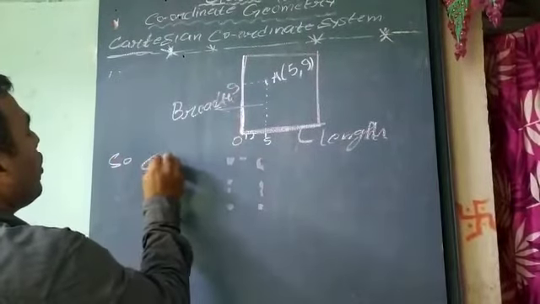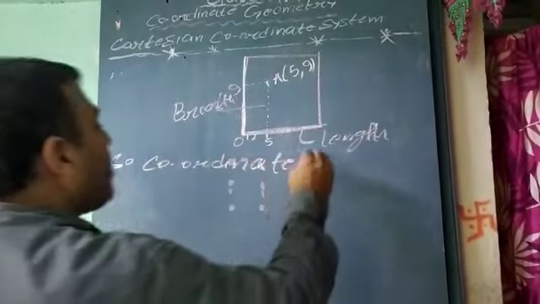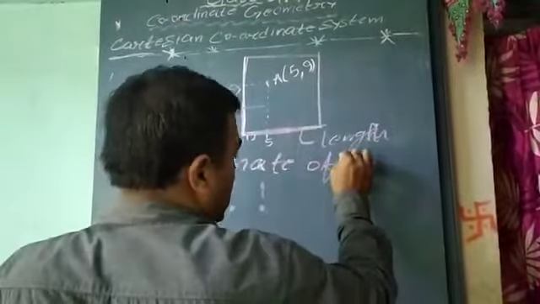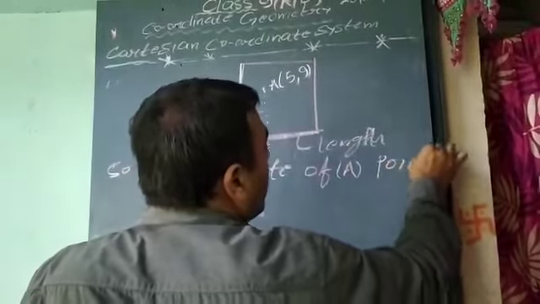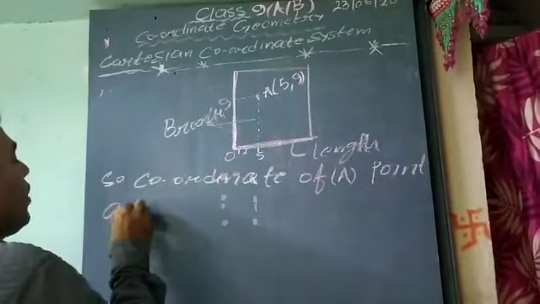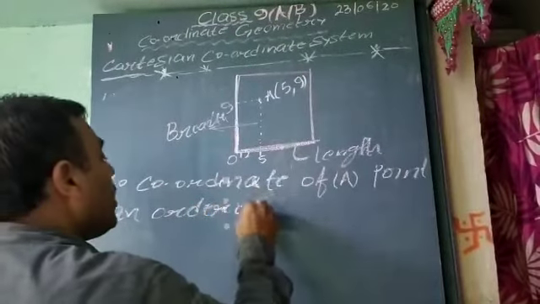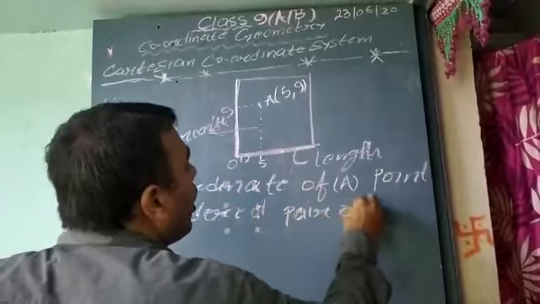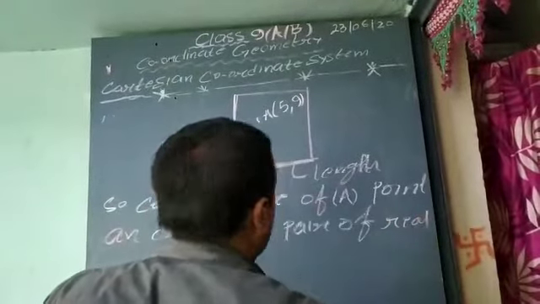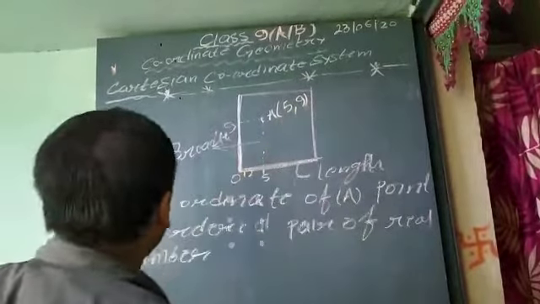The coordinate of A, that is the point A, is an ordered pair of real numbers. So it is an ordered pair of real numbers.